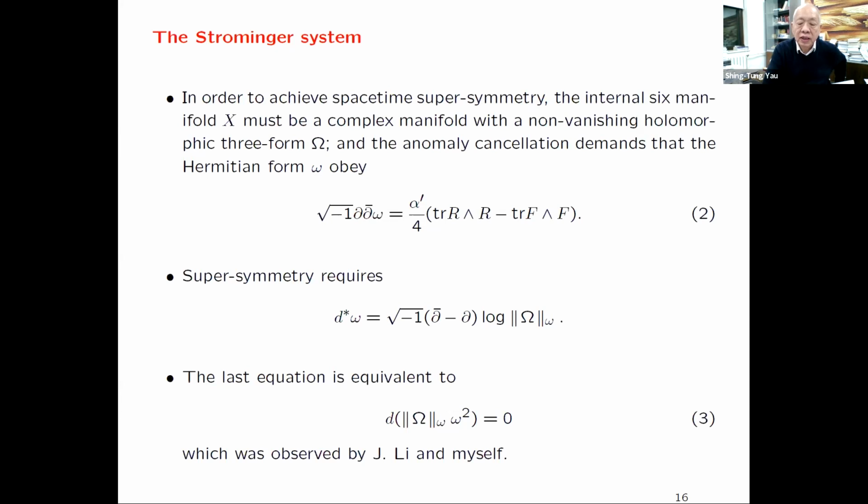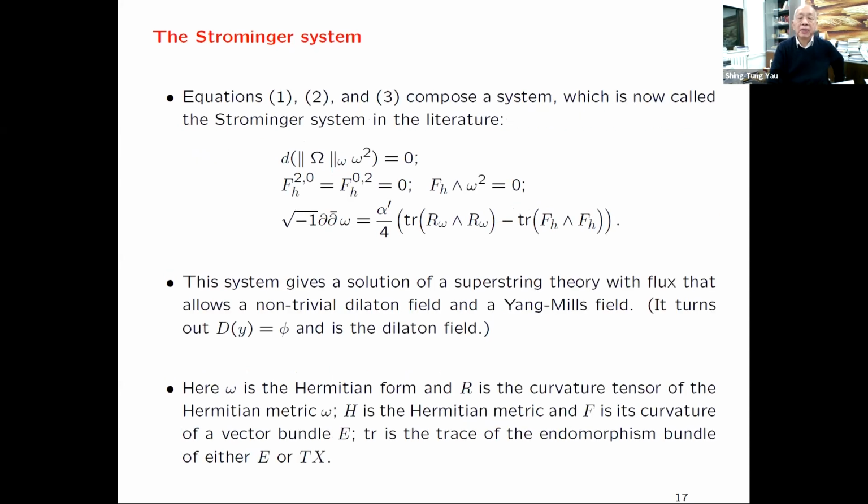So now we are getting into the balanced condition, and so we call this system the Strominger system. The first equation is a condition for supersymmetry, and in terms of mathematics, it's called the balanced metric condition. The second equation is a Yang-Mills condition. So the first two say that it comes from a holomorphic bundle, and the other equation says it satisfies a Yang-Mills equation.